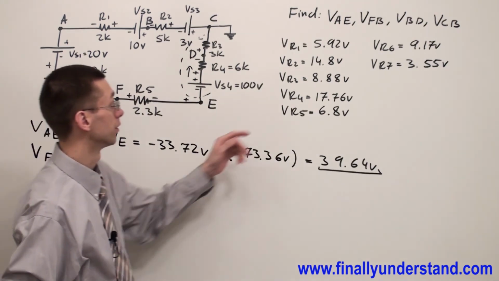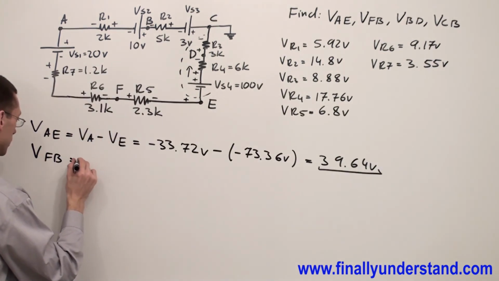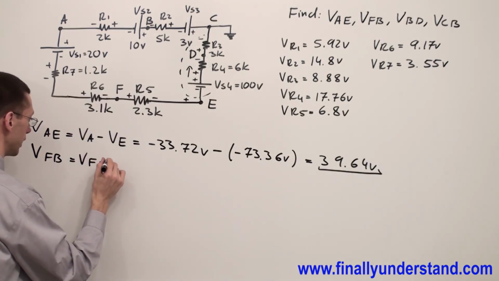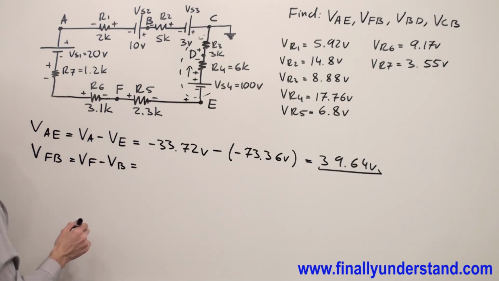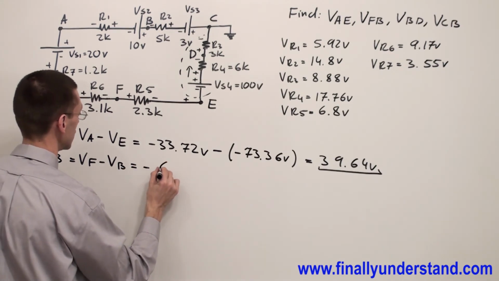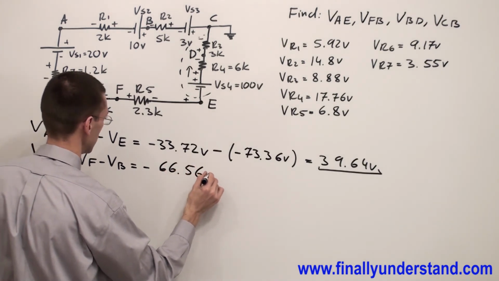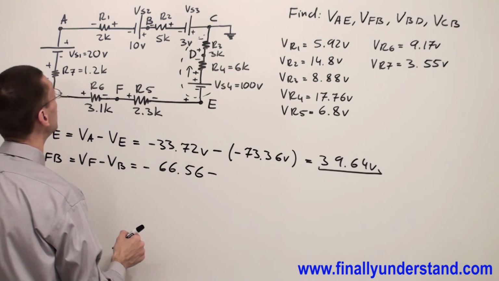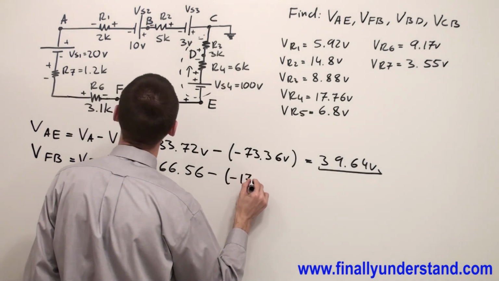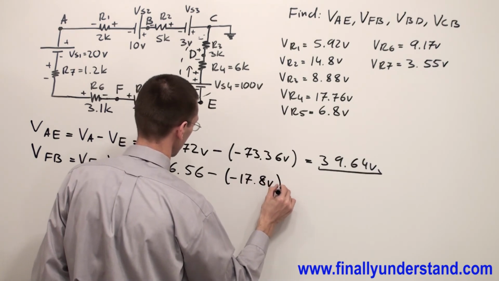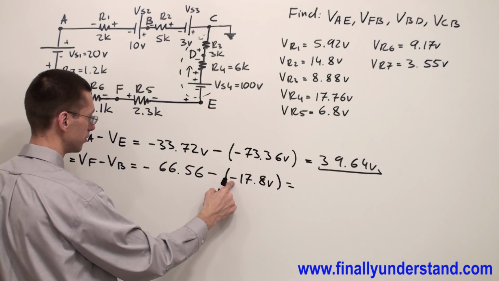Next, we're supposed to find VFB. This is nothing else but VF minus VB, where VF is equal to minus 66.56 minus VB, negative 17.8 volts. Again, negative times negative gives me positive.